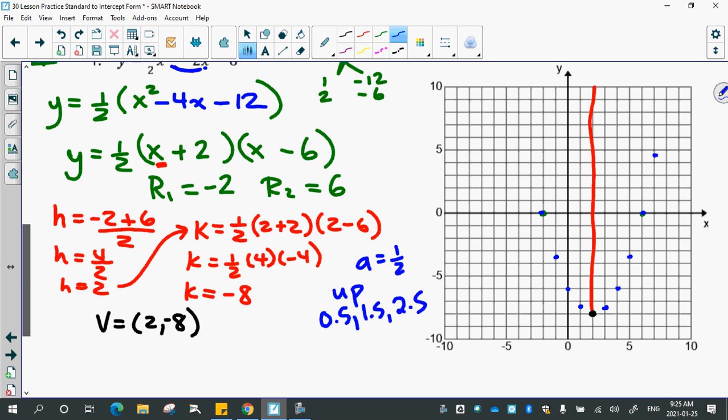1.5. That leaves it right to the top there. And you can draw down your problem.